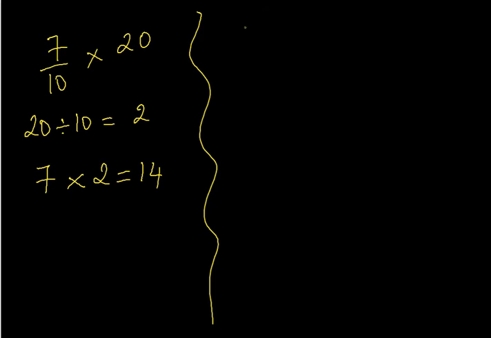Here's another method, another way you can do the same question. So we've got 7 over 10 times 20. Ask yourself whether you can simplify any of the numbers. Now usually it's the whole number and the denominator. Okay, so I'm talking about that one and that one, yeah? So I know for a fact I can divide the 10 by 10, and the 20 I can also divide by 10 as well.